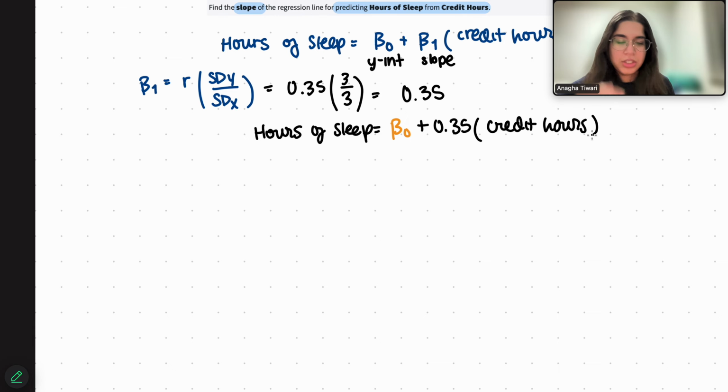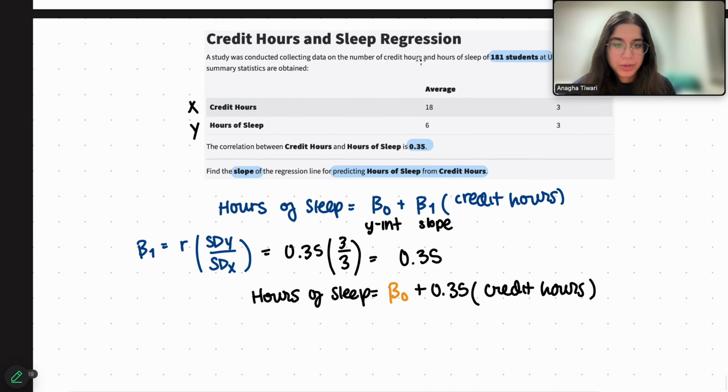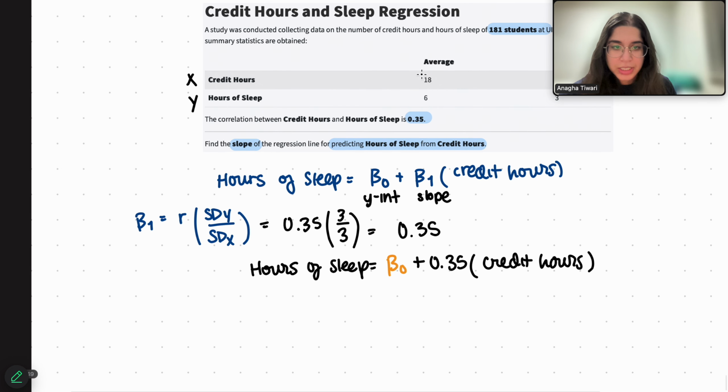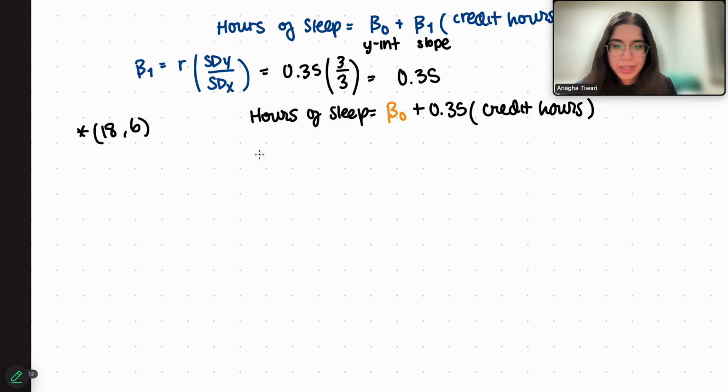And to solve for beta 0, we can sub in one of our data points which we already know, which is basically the averages of both of our x and y columns. So the data point here that we can use is going to be 18, 6, which is the average x comma the average y. Again, this is just simple algebra.